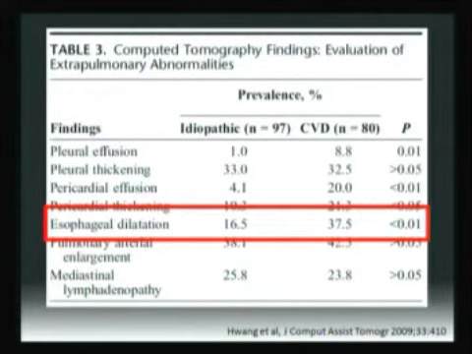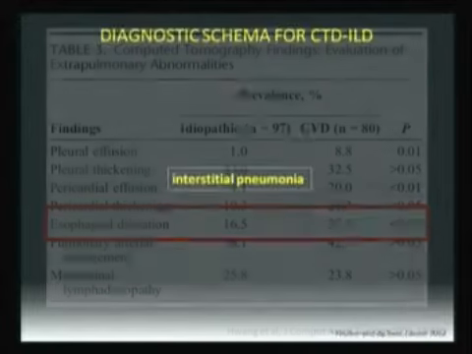Of course, esophageal dilatation, in particular in patients with scleroderma, is strongly suggestive. So again, when you look at the high-resolution CT scan, don't look just at the parenchyma, right? You look at the pericardium, you look at the pleura, you look at the esophagus, because there might be some hint that the disease is not idiopathic.